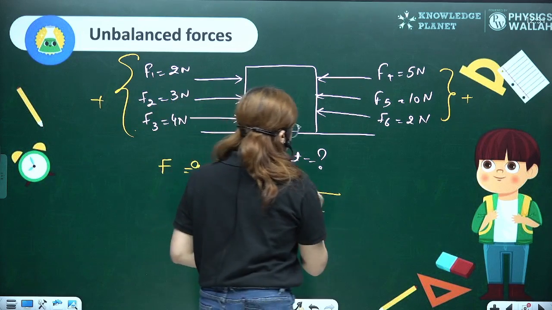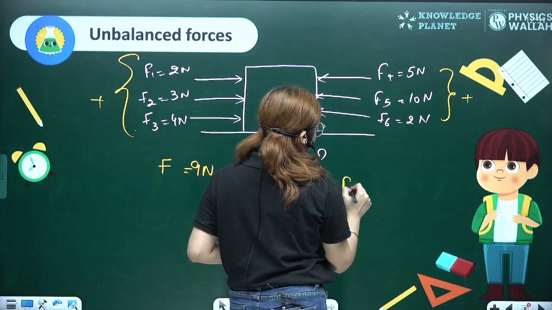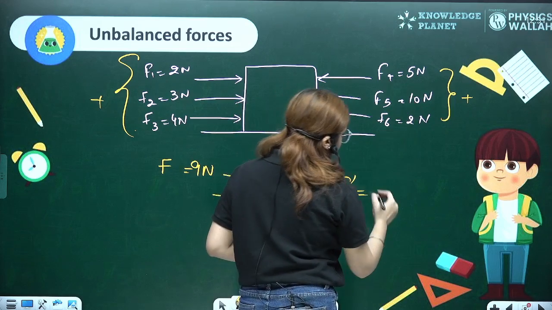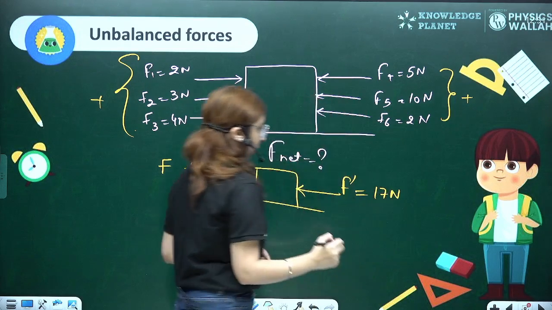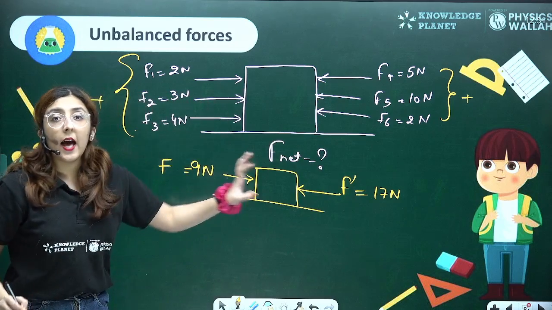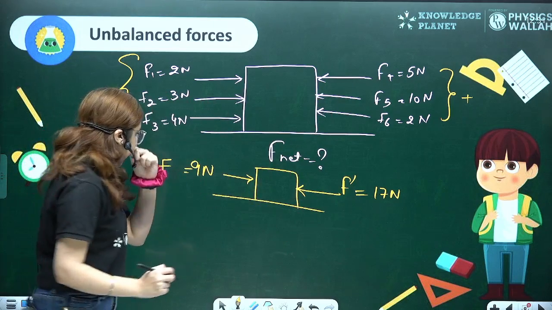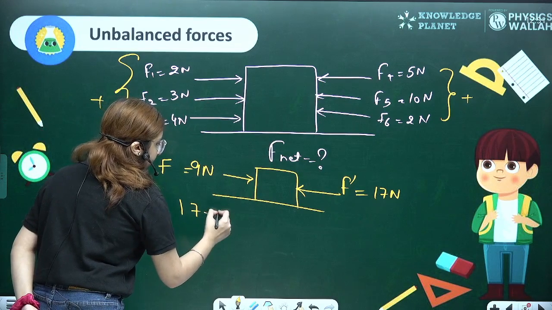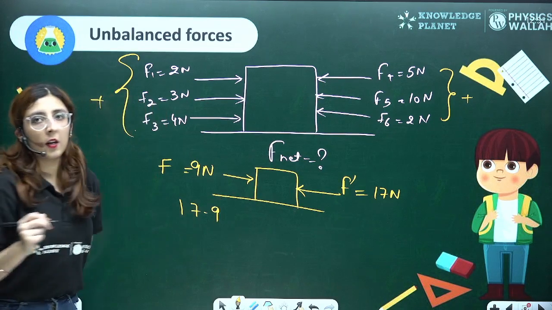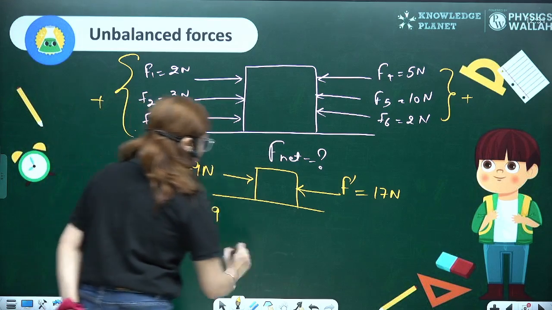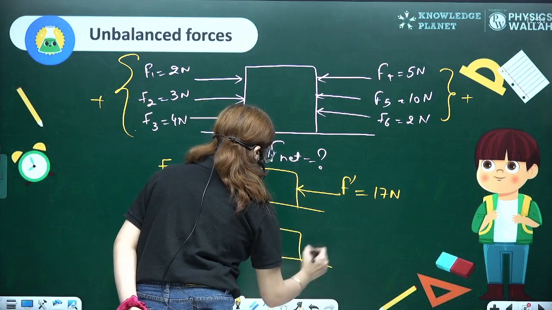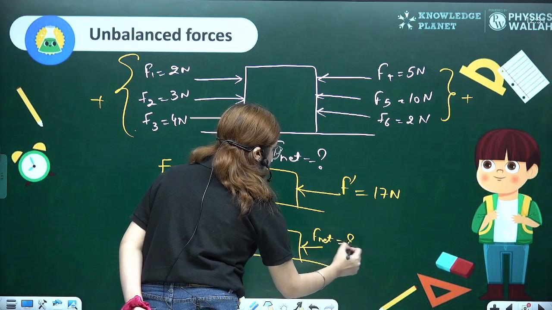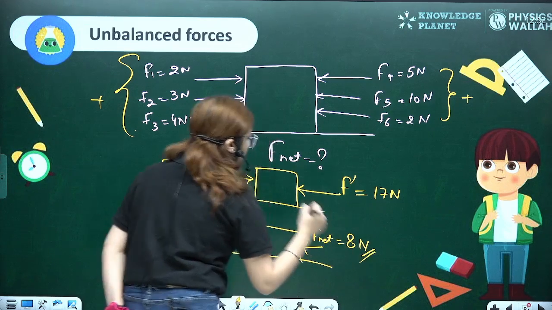Forces from the left and right: 12, 5, 9 and 17. Opposite direction, subtract, okay? 17 minus 9. So F net will be 8 Newton, yes or no?